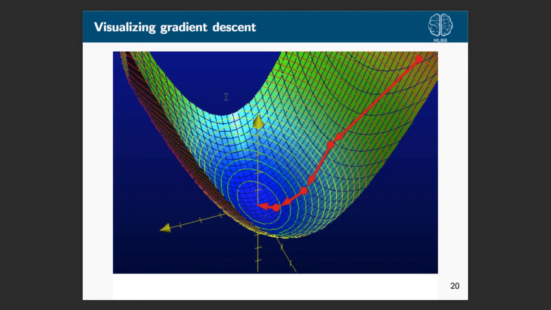But that turns out to be very costly a lot of the time, using all your data to compute this one step and doing it over and over again for thousands of iterations. So instead, you can use a few examples, or even just one example, to compute this step, and then do it again and again. The idea is that one example will still provide you a good estimate of where your minimum is. And that way you don't need to keep recomputing across all your data samples all over again.